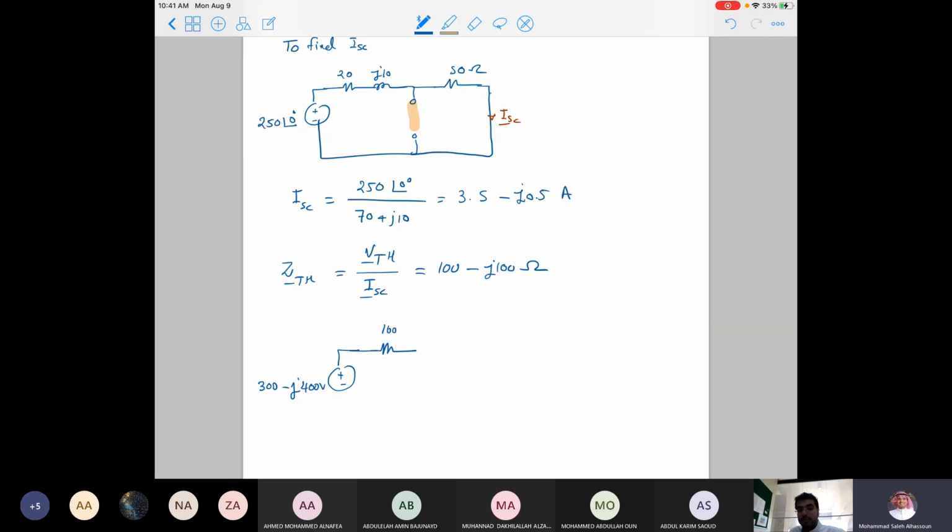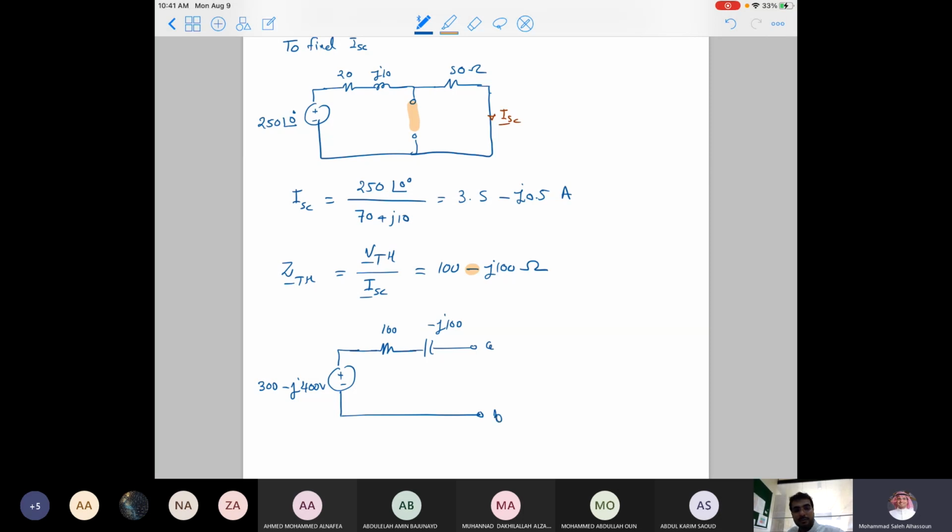The imaginary part could be a resistor, it could be an inductor or capacitor, depending on this sign. If this is positive, then it means it's an inductor. If this is negative, it means a capacitor. So here it's negative, so it's going to be minus J100. And this is A, this is B.